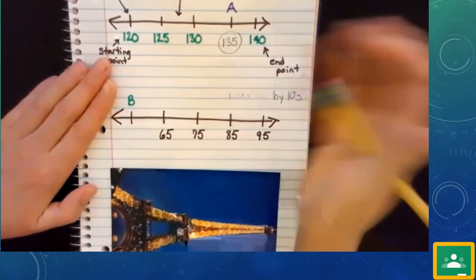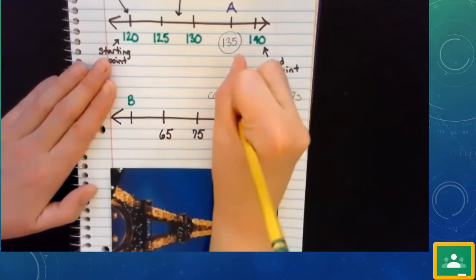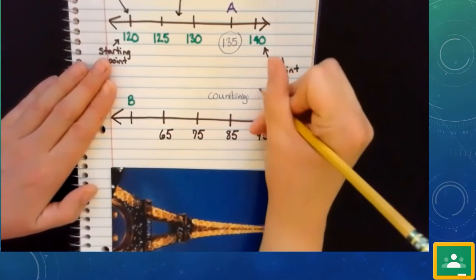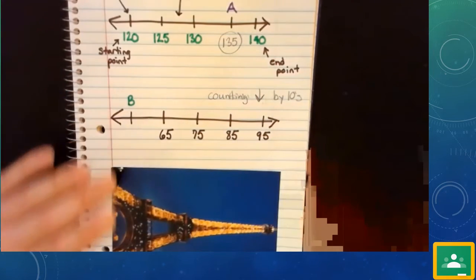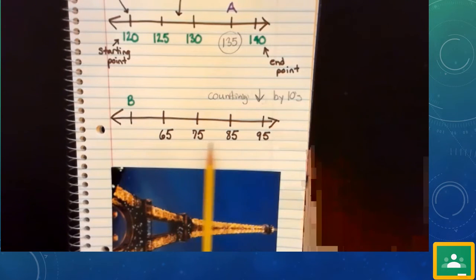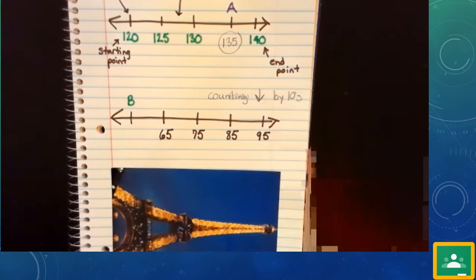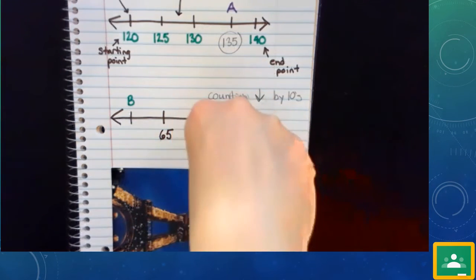We can be even more specific and say the pattern is counting down by tens. So then I can start at 95 and count by tens down, or I could start at 65 and count down by 110 to figure out letter B. So if I start at 65 and I count down 110, that means I'm counting down back to 0, right?